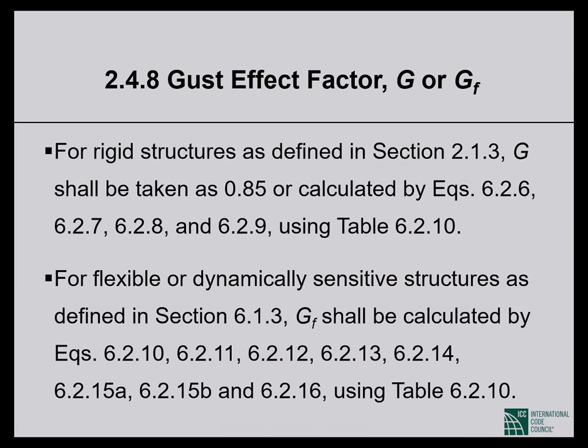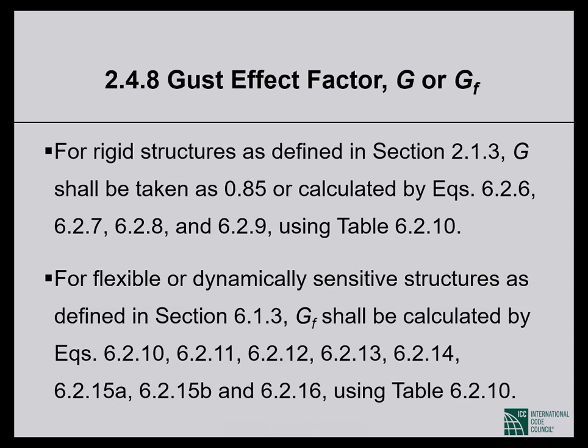G, as I kept on saying, is 0.85 for rigid buildings, period less than or equal to 1 second. You can take 0.85, or if you like, I do not know why you would, you can calculate the gust effect factor, and in that case you need 1, 2, 3, 4 equations and a table.